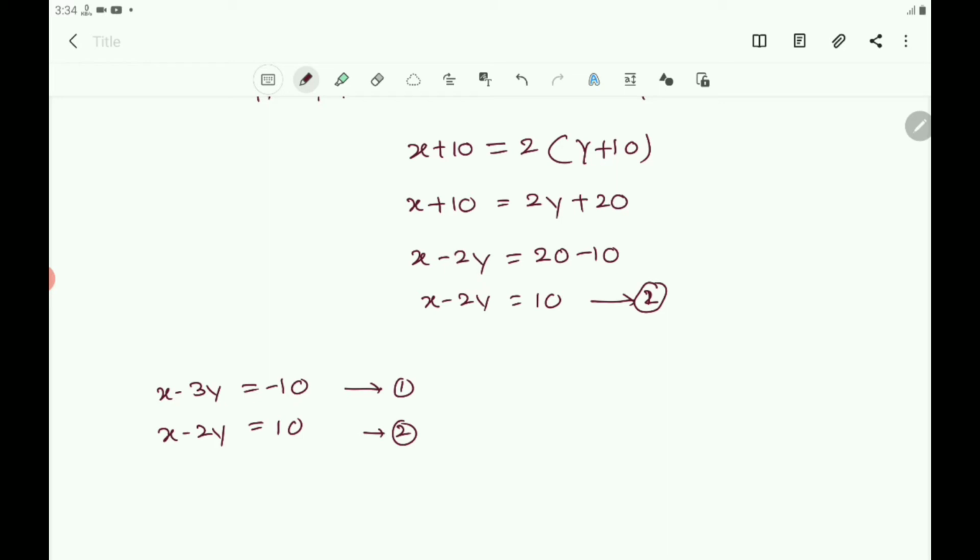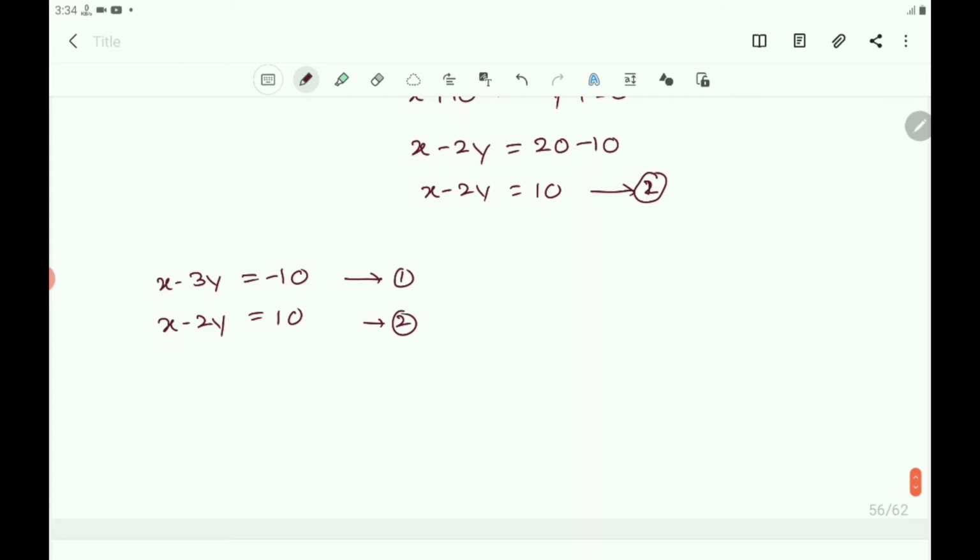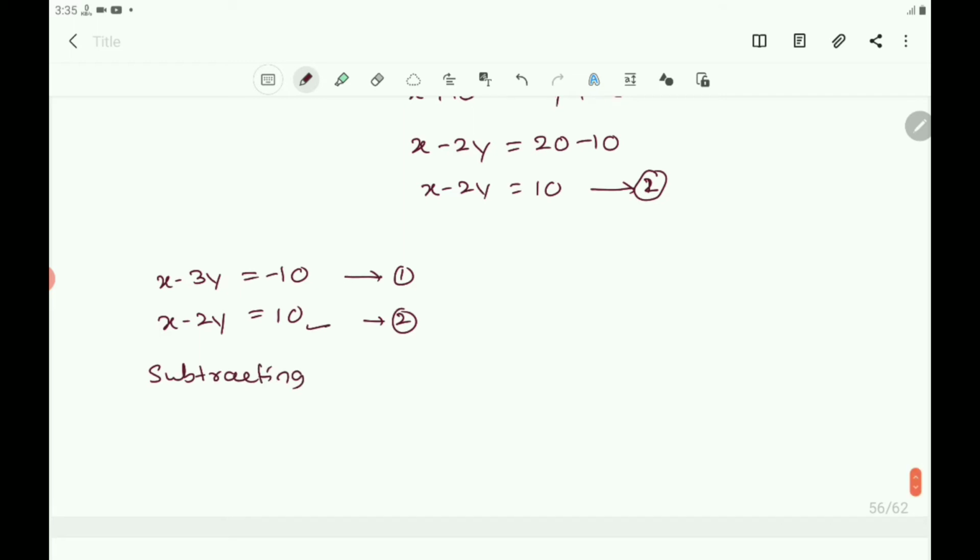Now here you can subtract the first from the second or the second from the first. You can do either. Since 10 is greater, you can subtract the first equation from the second first.